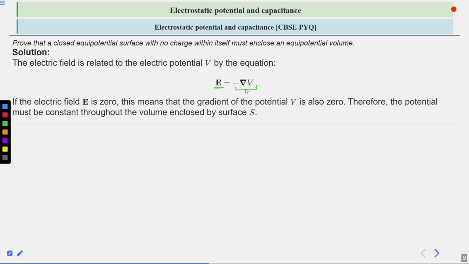So if the electric field is 0, then dV by dr equals 0, which means the potential is constant everywhere inside that surface.